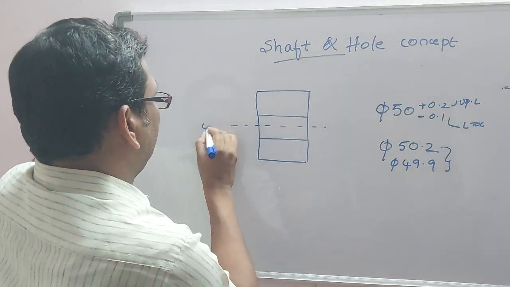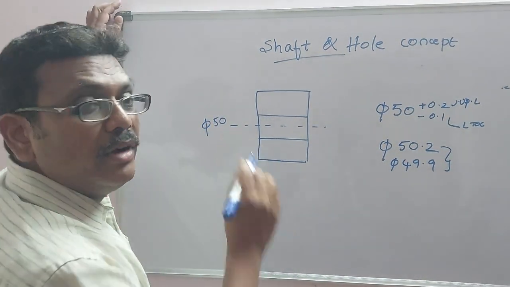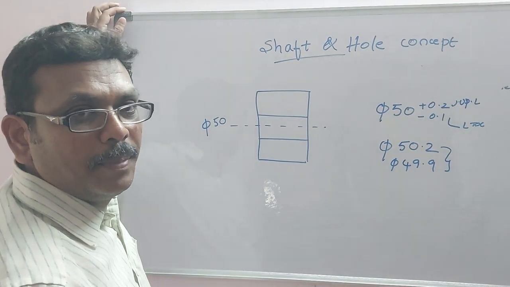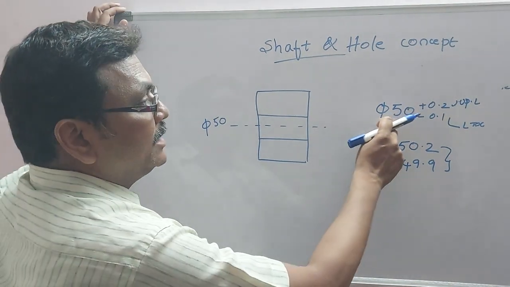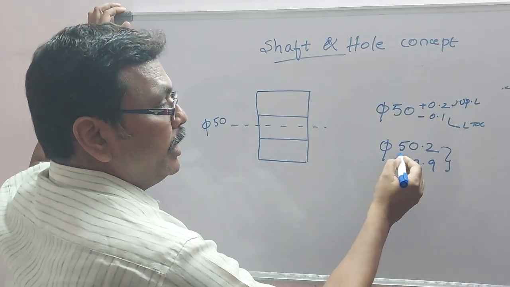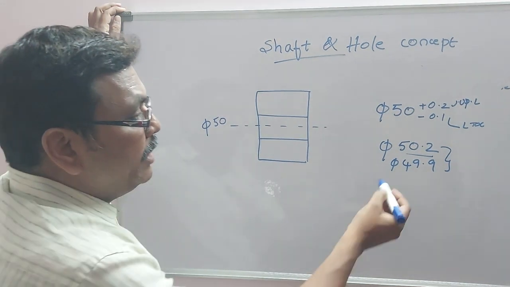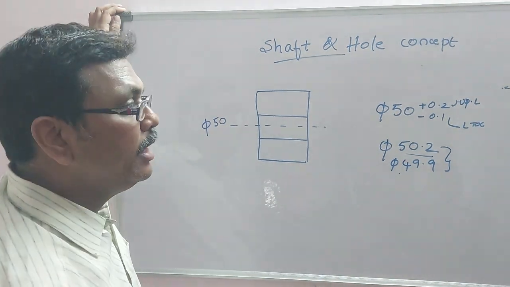This is having a diameter of 50. So how do I have to decide the tolerance for this hole? The maximum diameter of the shaft is 50.2 and the minimum diameter is 49.9.